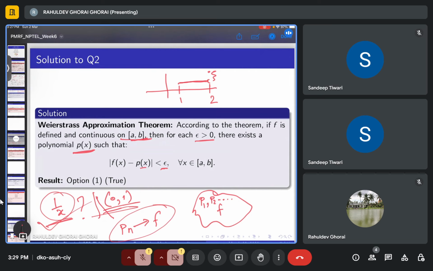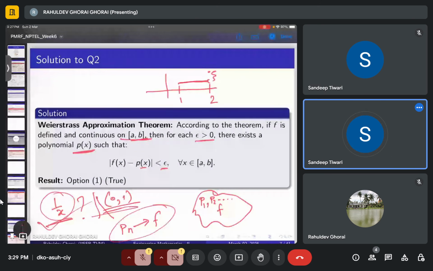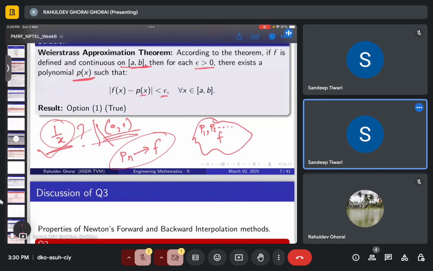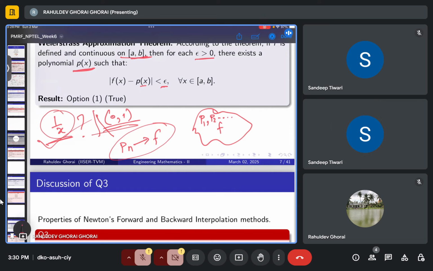I don't see how to prove it just now mathematically, but we can say it. When x goes to 0, it will be unbounded, exactly. But then p(x) minus f(x), we cannot make smaller than epsilon.